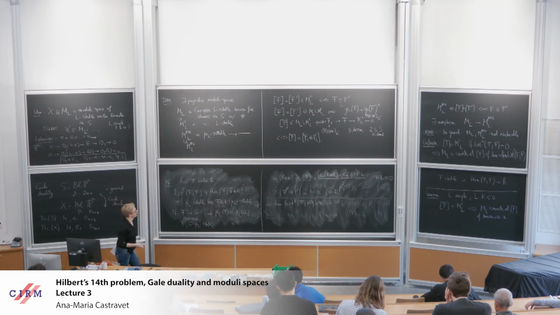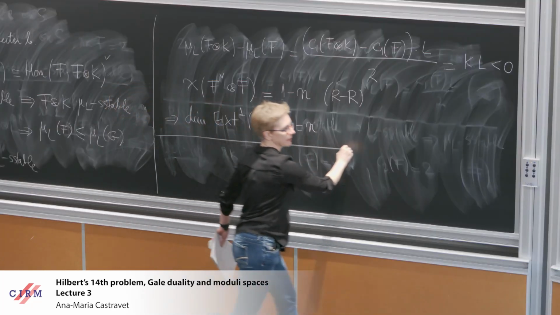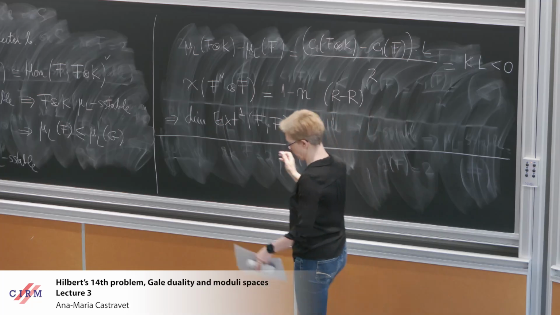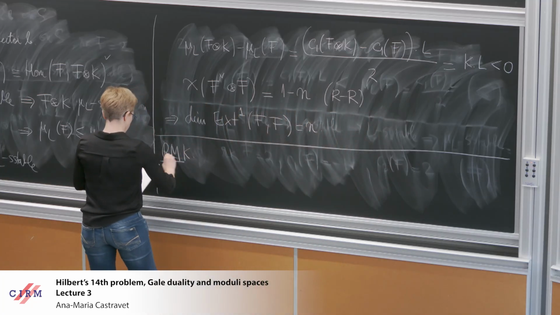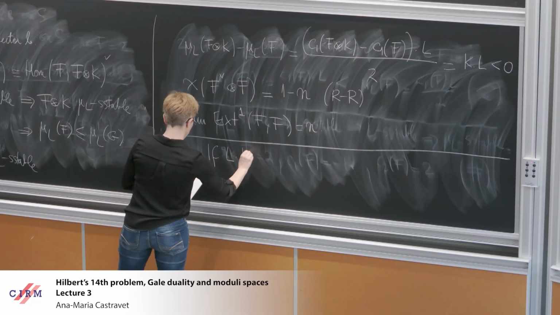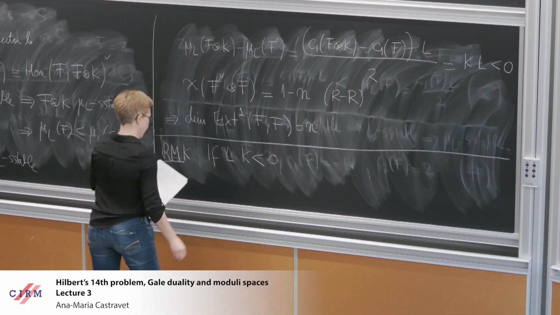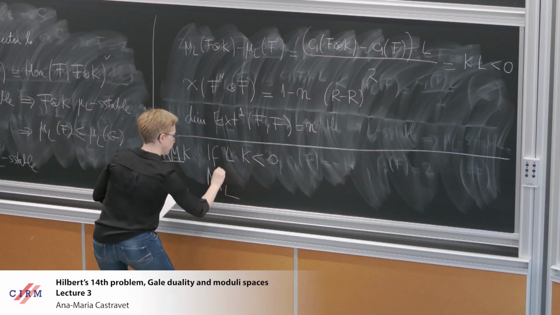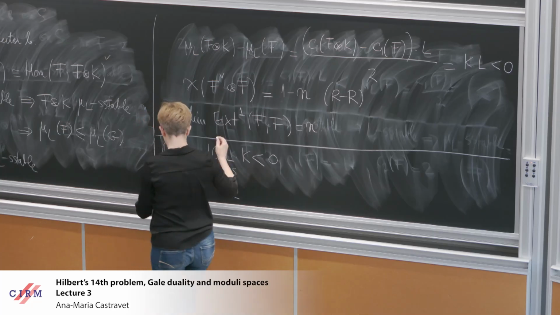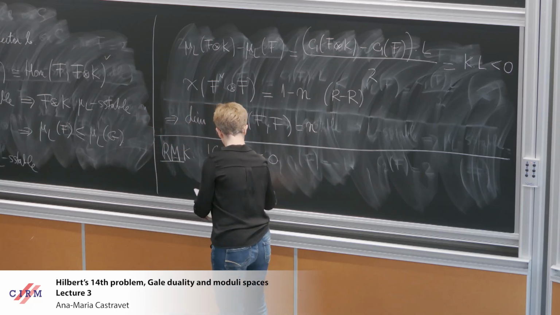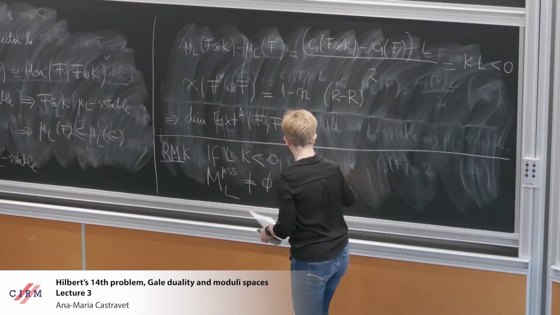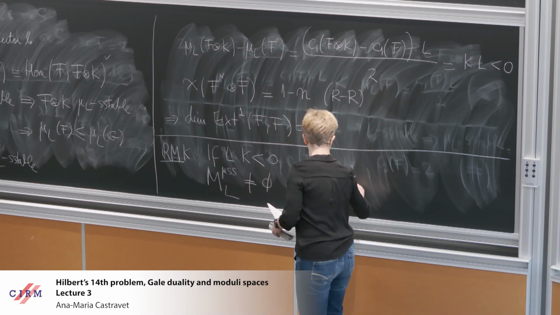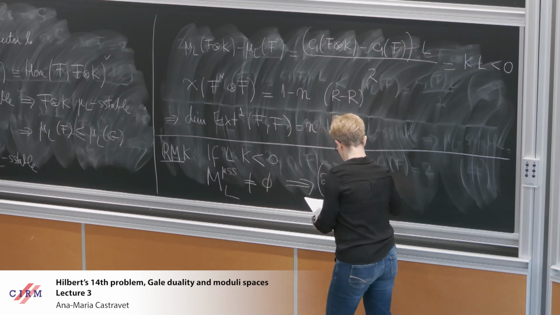Okay. So even in this situation, when K times L is negative, the moduli space can be empty. So just a remark, which is proved in a similar way. If L times K is negative, in order to have a non-empty moduli space, say for slope semi-stable, you need, for example, that 2H plus K times L is bigger or equal than 0.